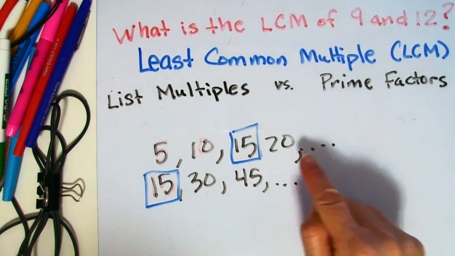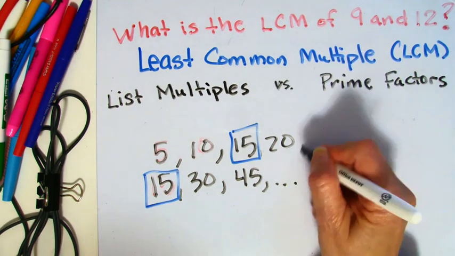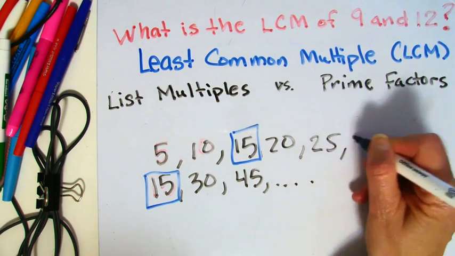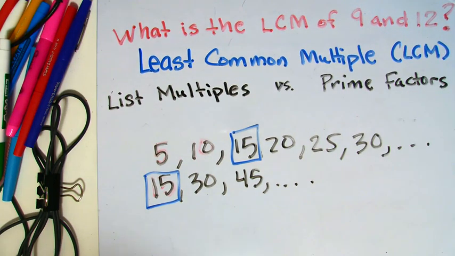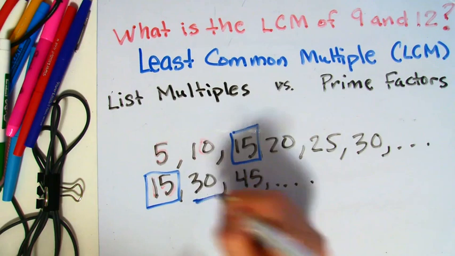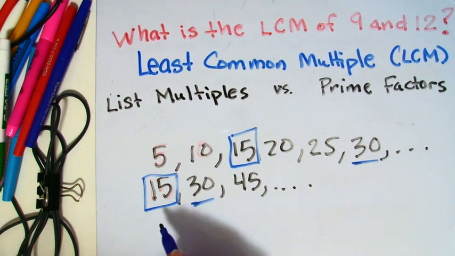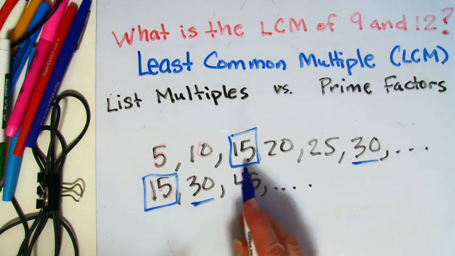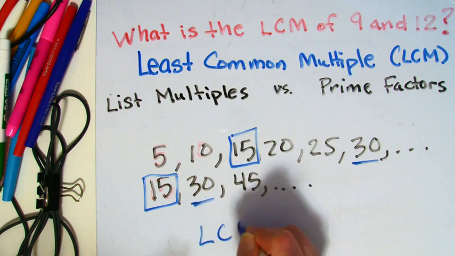Now, if I continued on here with the 5s, I'd get 25, 30, and so on. And you can see that 30 is also a common multiple for both 5 and 15. But I want to choose the lowest or least common multiple. So this 15 would be that. That would be the LCM.